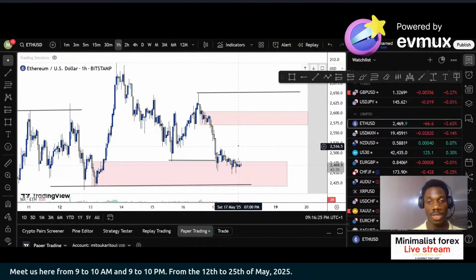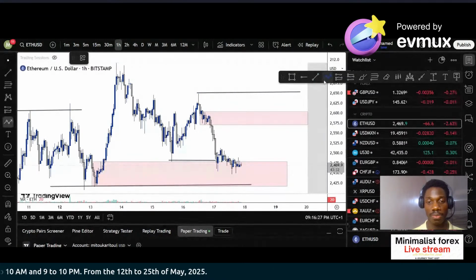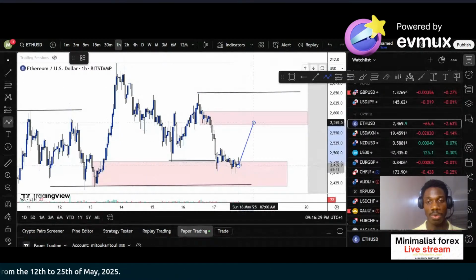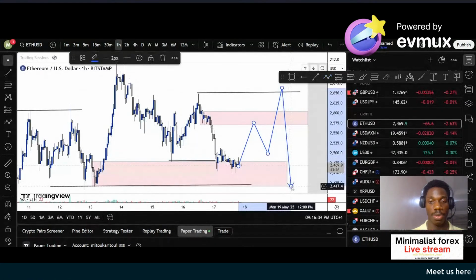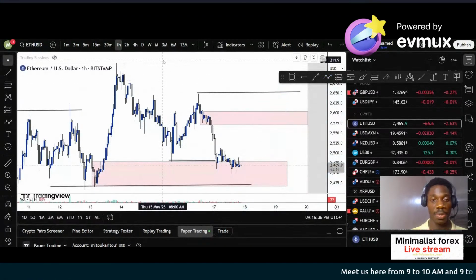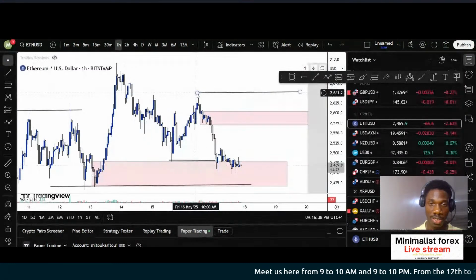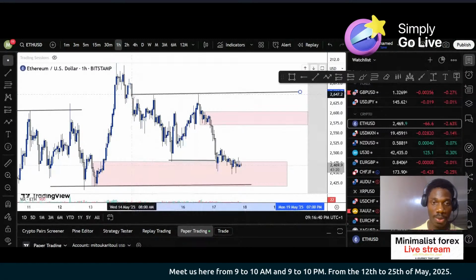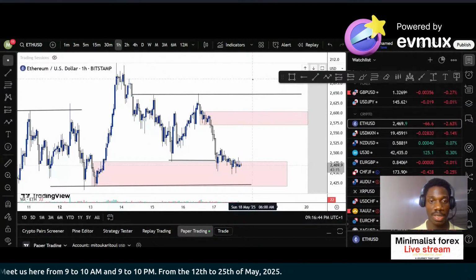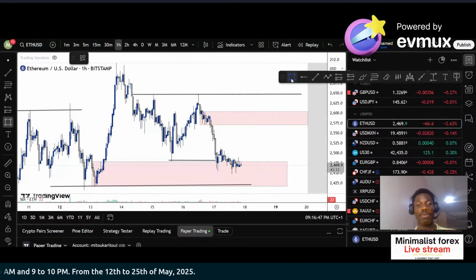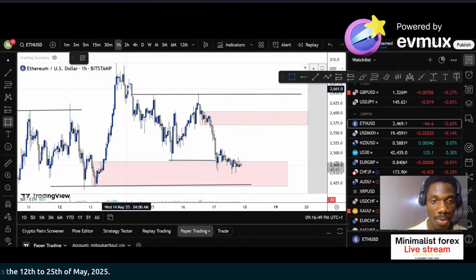In as much as price is going to react off this point, we know it's not going to come down unless it has tapped into this liquidity before it breaks below. All right, to an extent, that's what we're expecting. And this zone even coincides with this zone. So these are all areas that should have liquidity above. And to add to our confidence, we now have a supply above this point here.